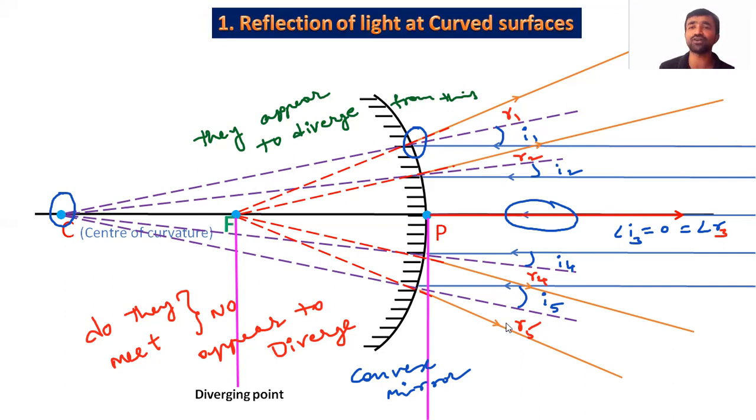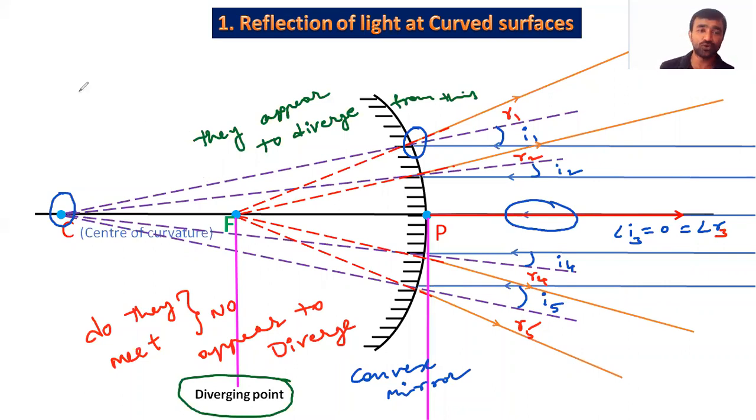So pole to the focus. Which point is acting like a focus for the convex mirror? Anybody? Diverging point. Very good. For the convex mirror, the diverging point is acting like a focus. For a concave mirror, converging point.